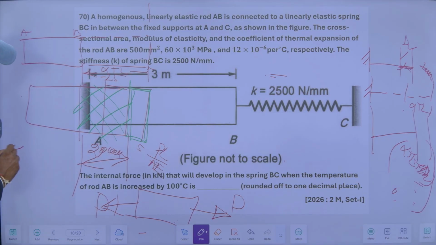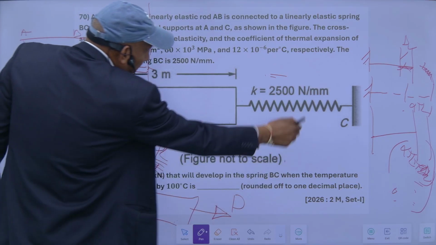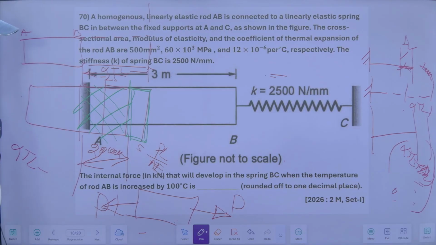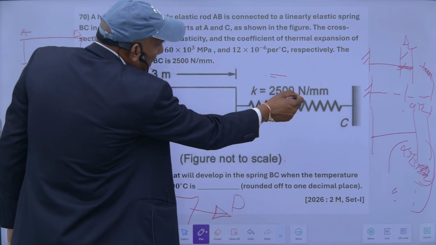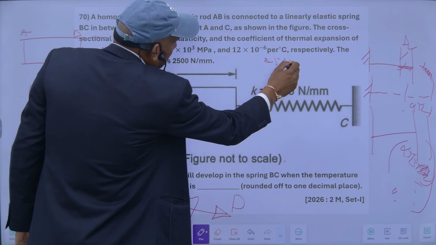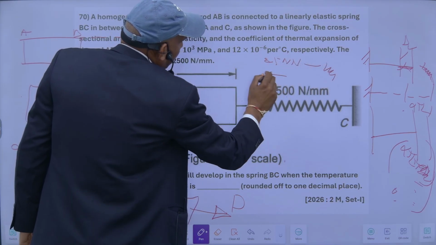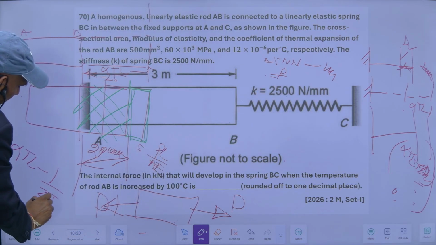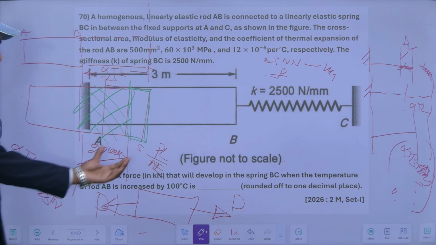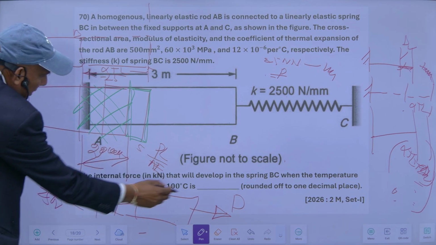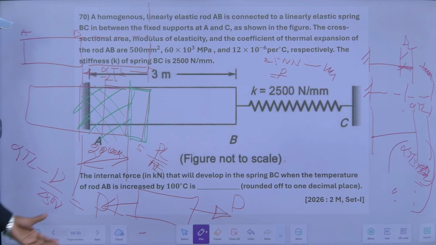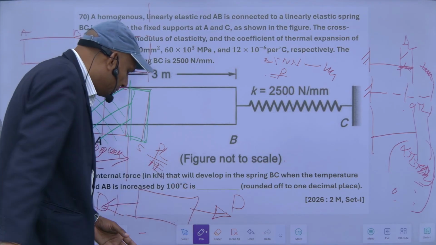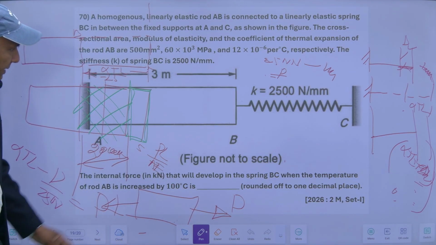This 25 is alpha TL and this 5 is because of this spring. So for this much load there is 1 mm, and for force P it will be 1 upon 2500 P. So this will be the flexibility, and this should be equal to this PL upon AE, my displacement because of this thermal force. So with this we can calculate this.